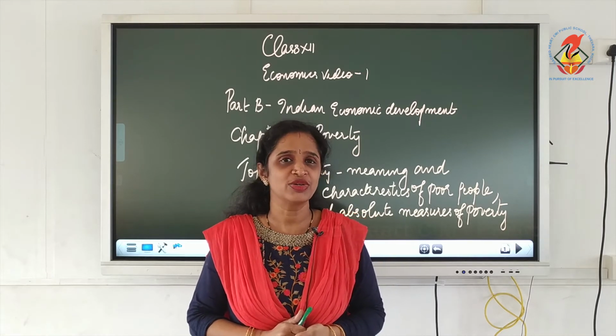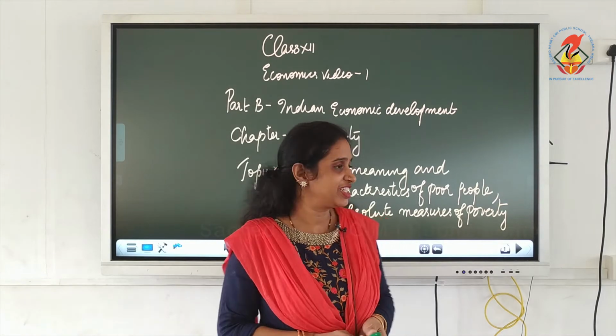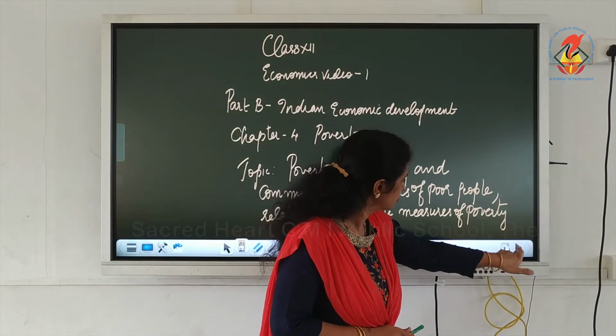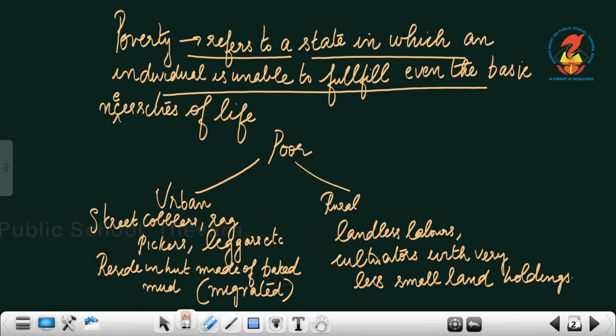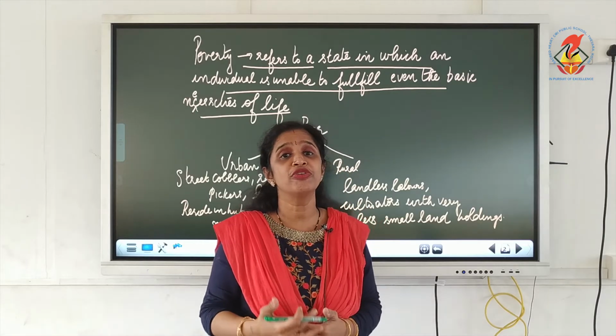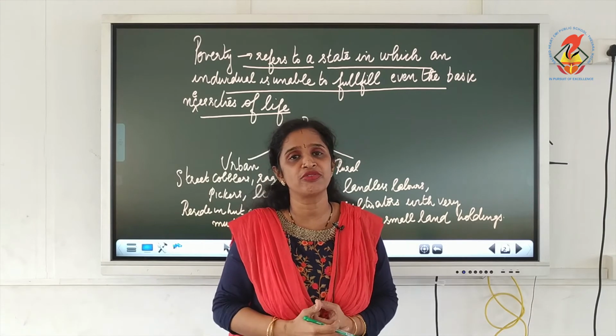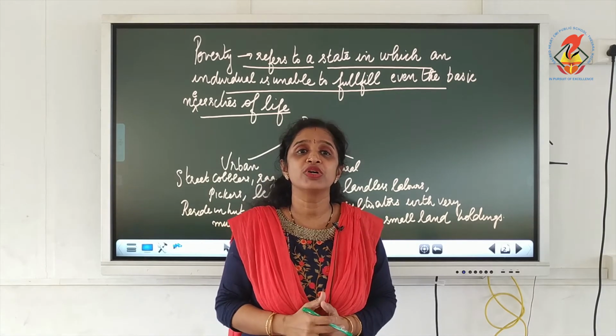Now let us start with the definition of poverty. What is meant by poverty? Poverty refers to a state in which an individual is unable to fulfill even the basic necessities of life. If an individual is not able to fulfill his basic necessities of life, then he is in a poor situation.